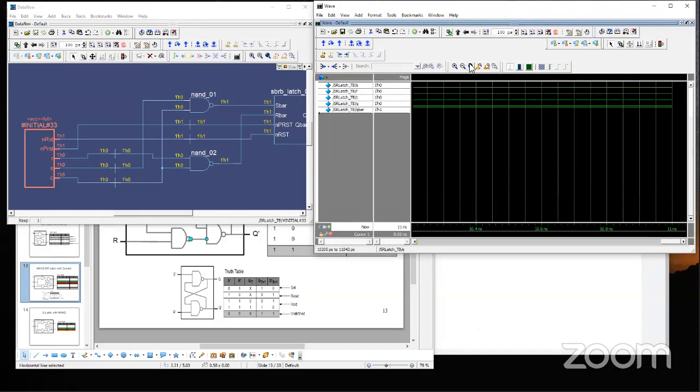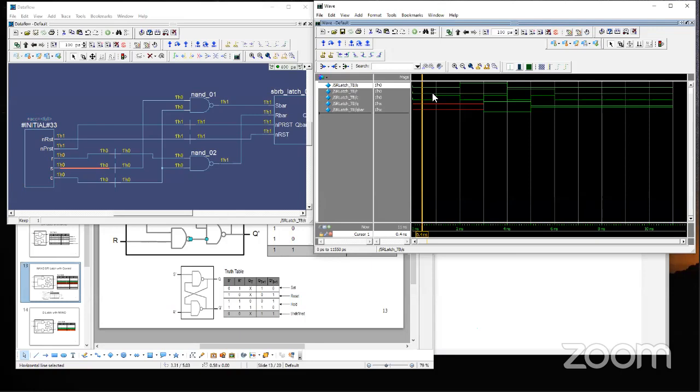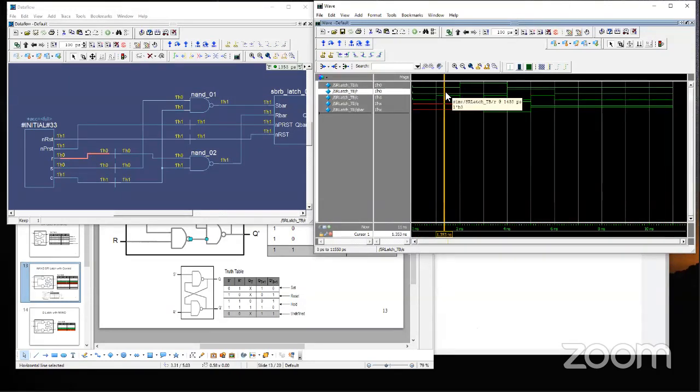Let's see. SR 00 is a hold condition, but initially since we didn't preset or reset, the output is unknown. Then we try the hold, 00 with C at 1, but it is still a hold condition, so the previous unknown logic is held. Then at this cycle, C is 0 and S is set to 1.